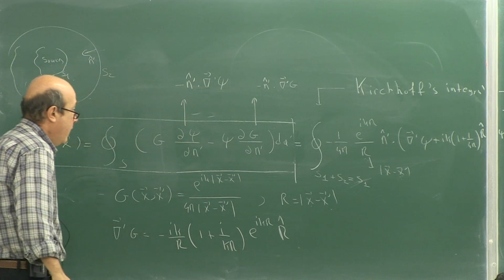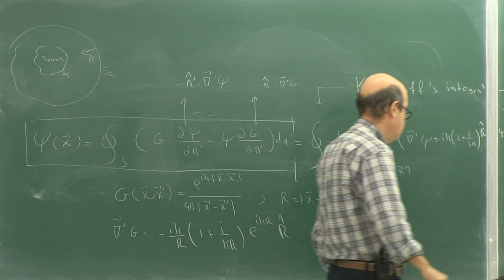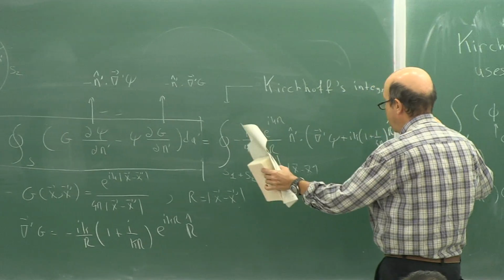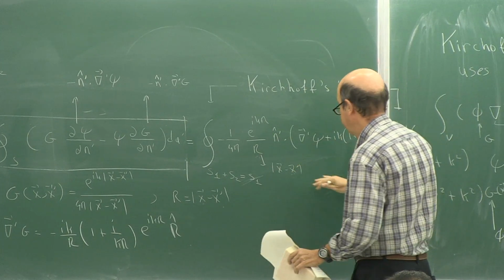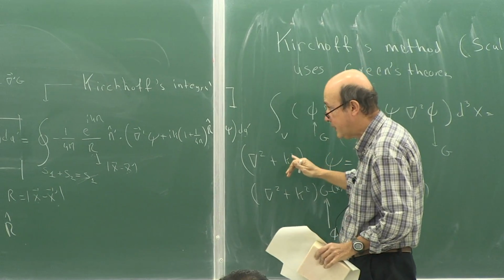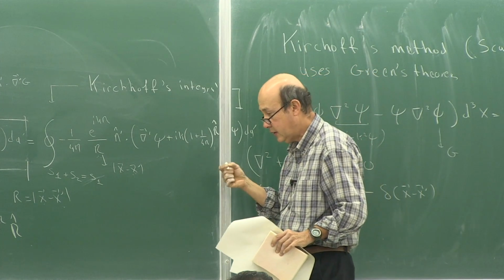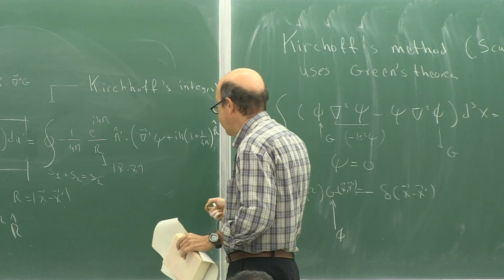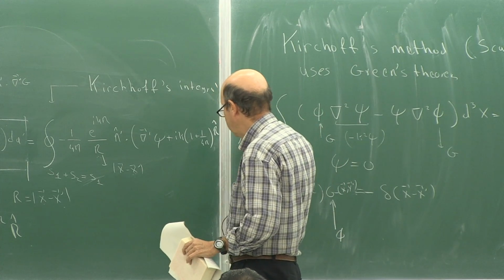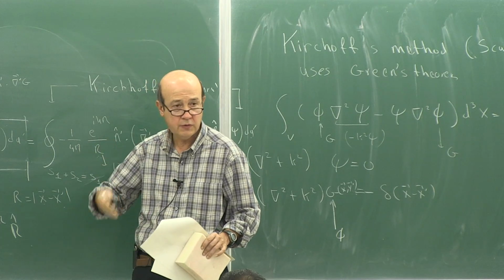At this point, I can summarize the situation. If you are going to find some psi, which could be the components of the electric field or magnetic field, you have to take the integration through S1. The S1 region is the region of the apertures.